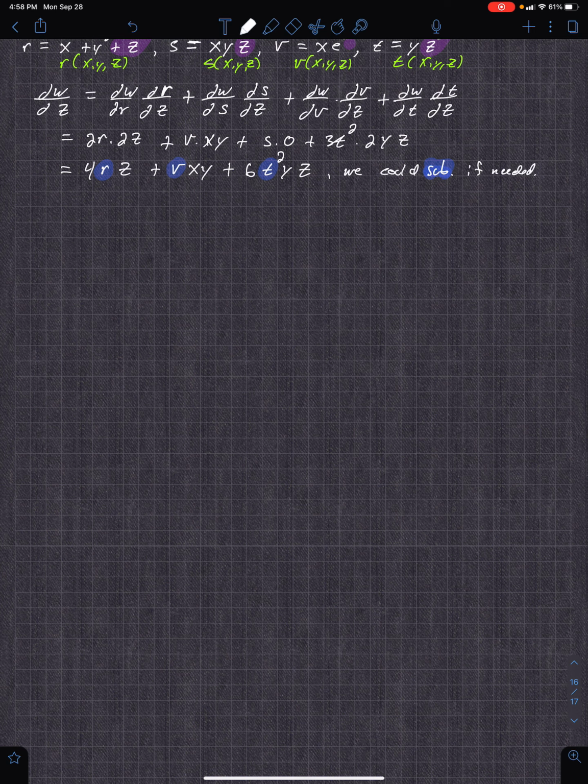Find a formula for implicit partial differentiation. First we'll do an example, then we'll do the formula, and then we'll use the formula and see how much easier it is.